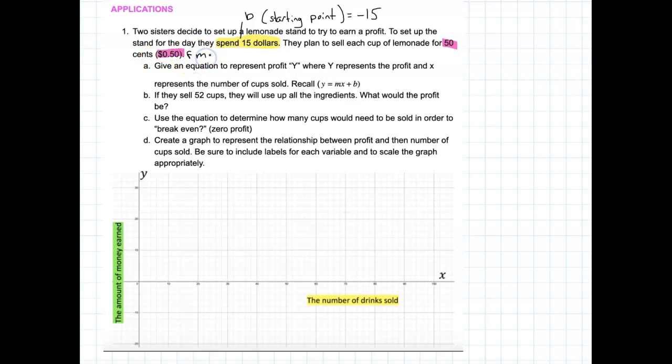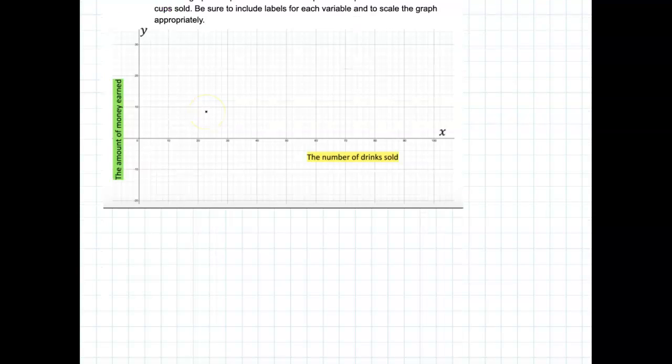This is M, which is equal to $0.5 per cup. They're going to sell that, okay? So profit is Y. So Y is equal to 0.5x minus 15.